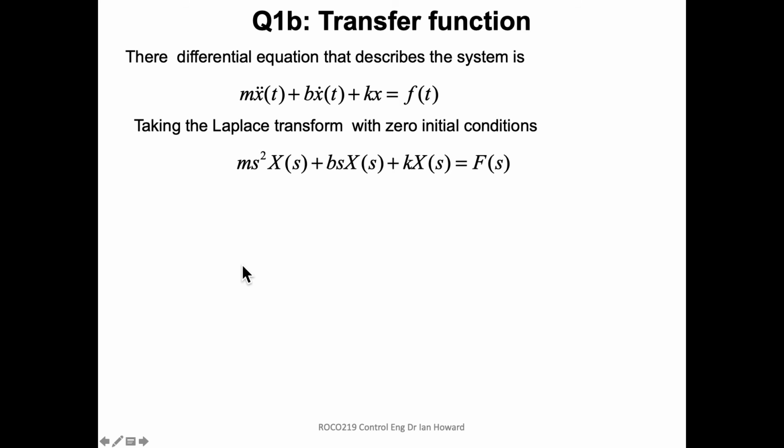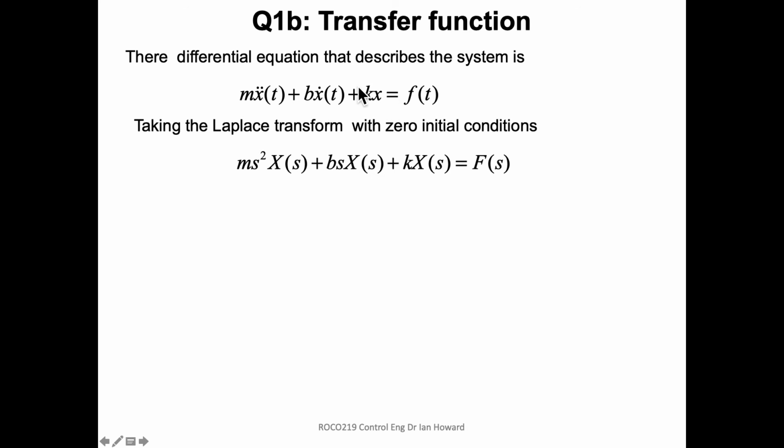So the Laplace transform of M x double dot is M times s squared X(s). Because this is a double differential, we end up with an s squared term. This is a single differential here, so B is a constant, so B times s times X(s).